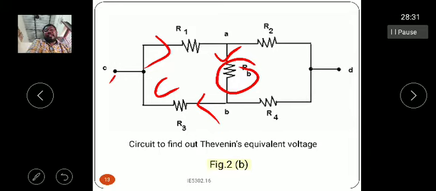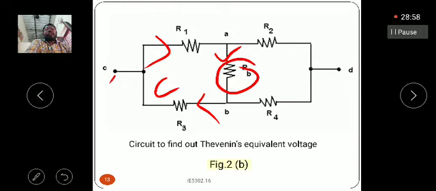Between the terminals of C and D, we calculate the voltage. The voltage across the galvanometer we call the Thevenin's voltage. Between C and D, we calculate the total equivalent resistance, which is called the Thevenin's resistance. The Thevenin's resistance and the Thevenin's voltage, that is VTH and RTH, are both connected in series.